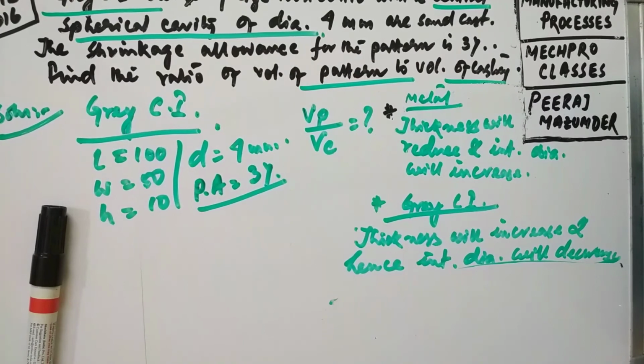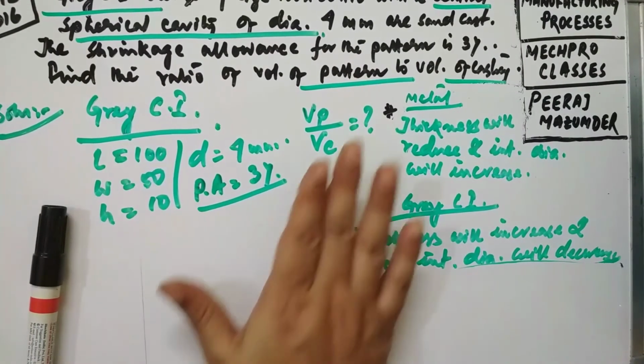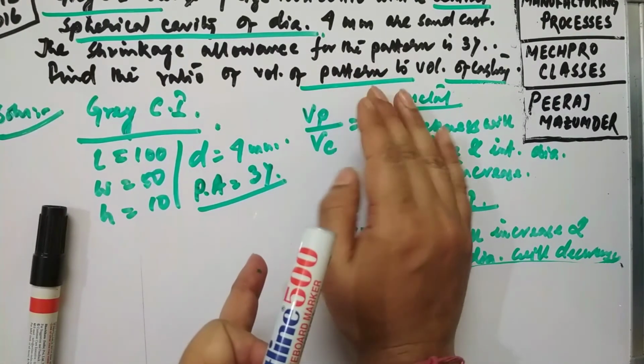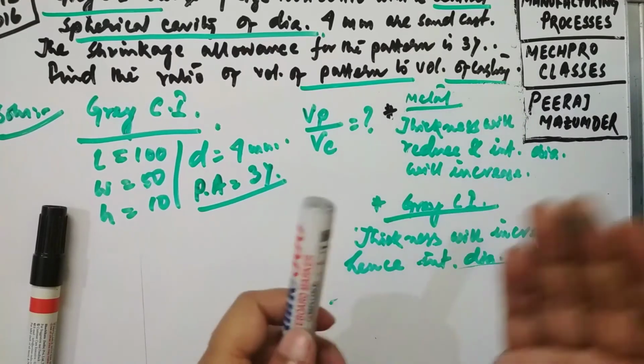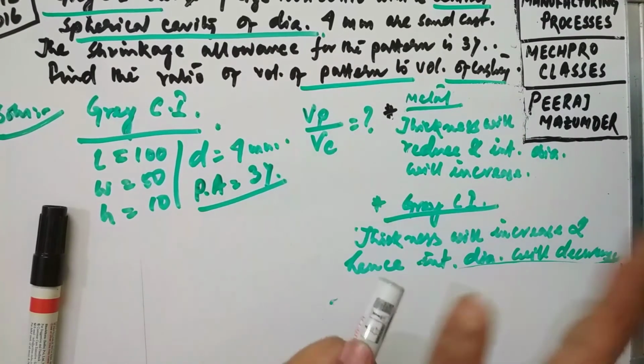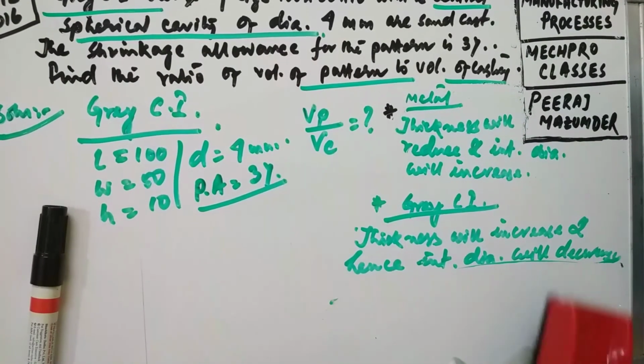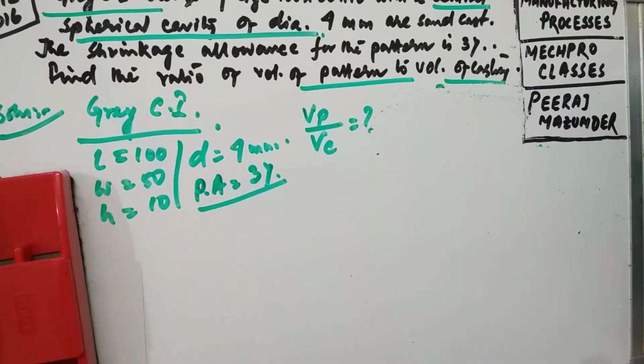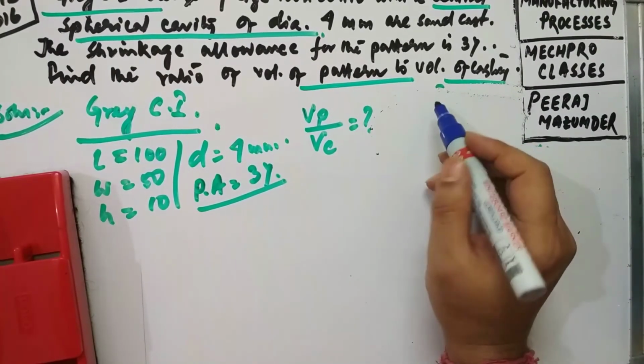So simply now you have to find the volume of pattern to the volume of casting, just like the previous one, which I have already solved. So let us try to solve the problem. Let us write the different calculations.